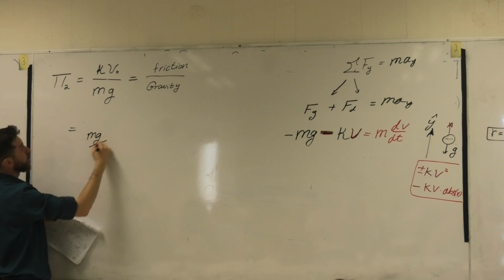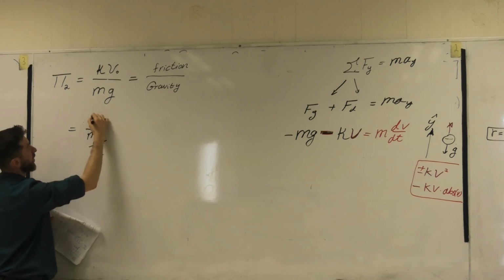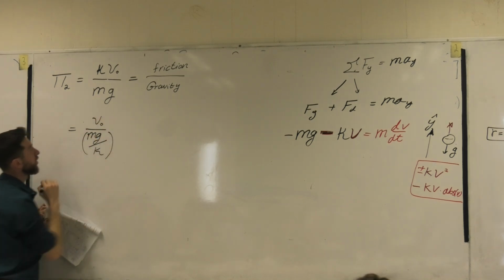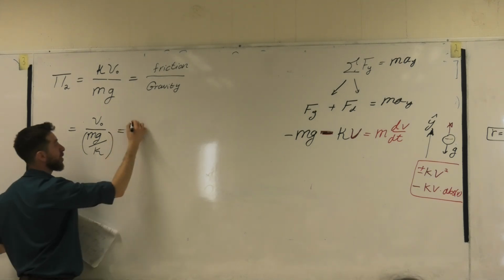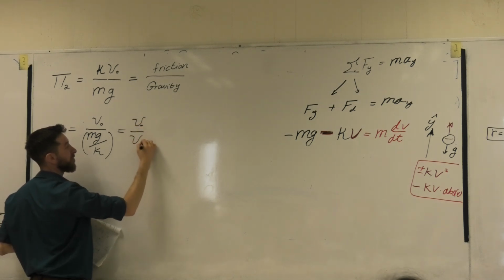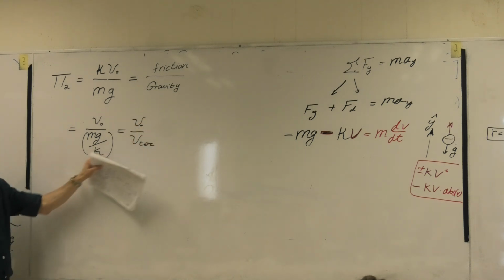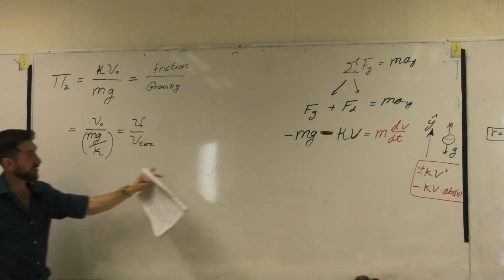Look, if I present it like this, does somebody know what this velocity is? Exactly, this is the terminal velocity. This is the final velocity of the particle. Let's go here.